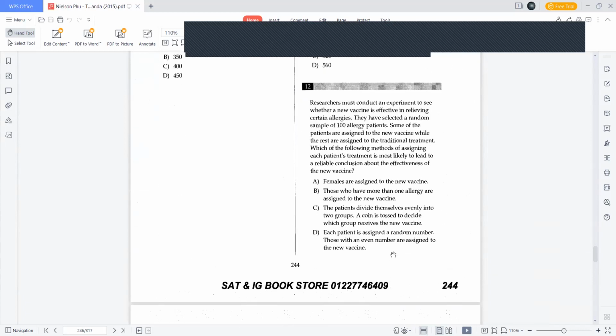And it's this question. Each patient is assigned. Okay, I would go with D, since it's more random assigning. And statistically, if you truly assign numbers randomly, and there's a cap on the numbers, right?